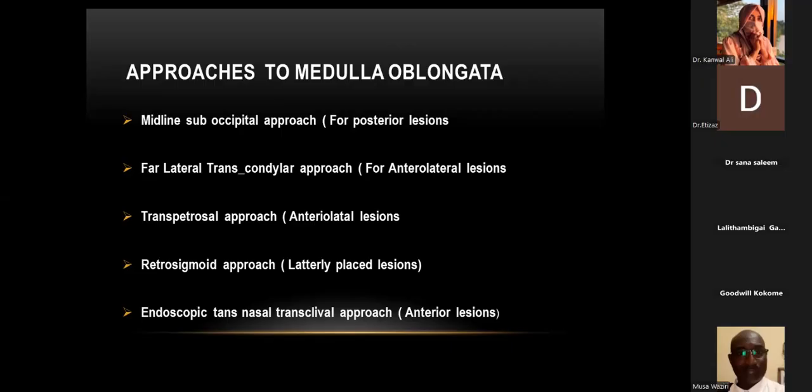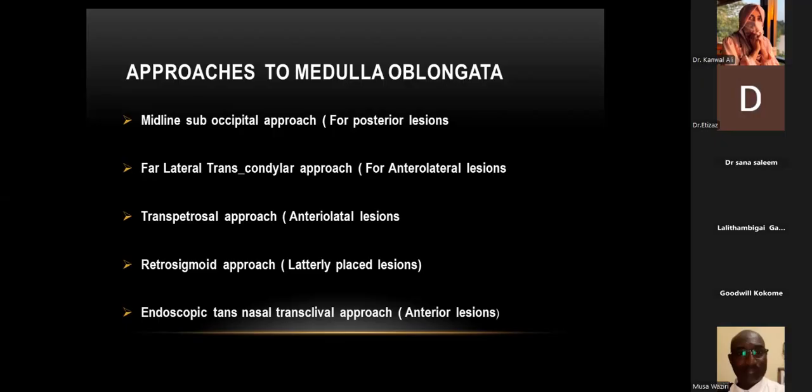Usually we resect the exophytic component of the glioma if a glioma is there, or if any extra-axial lesion is just compressing the brainstem, we can resect the whole tumor. And brainstem cavernomas can be approached in a very good manner and excised completely, according to the placement and site of the lesion, through all these approaches.